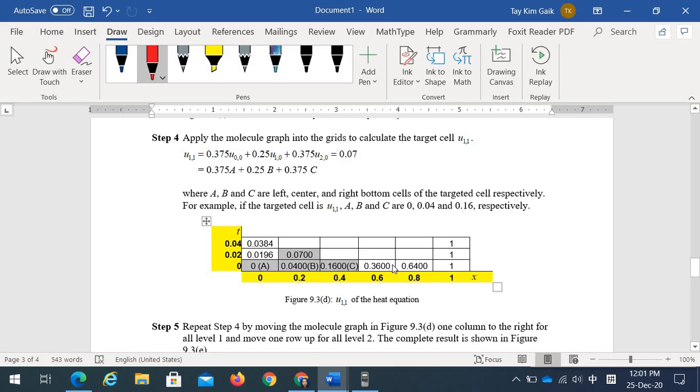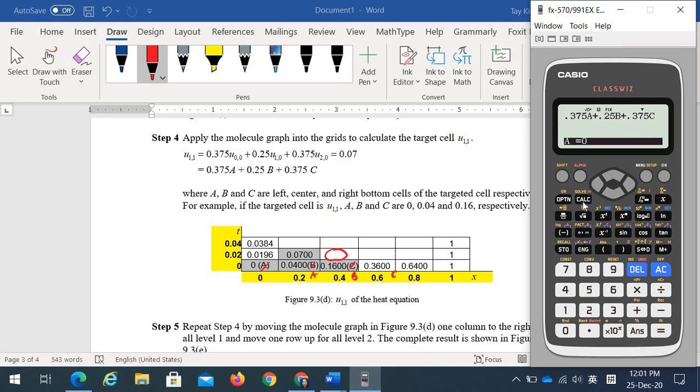And then if you want to do this cell, A now moves to here. This is A, this is B, this is C, because your target is here. This is left bottom, center bottom, right bottom cell. We calculate again.